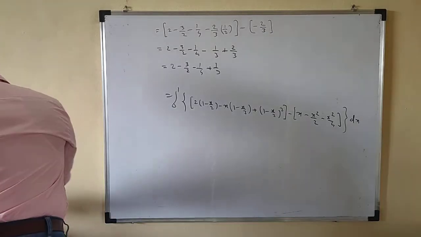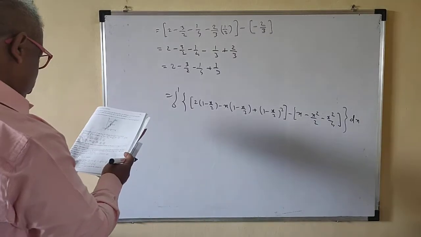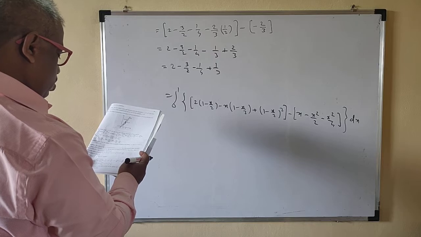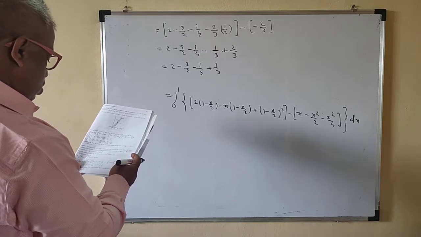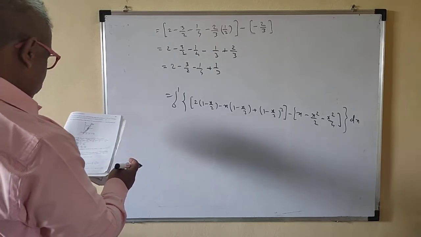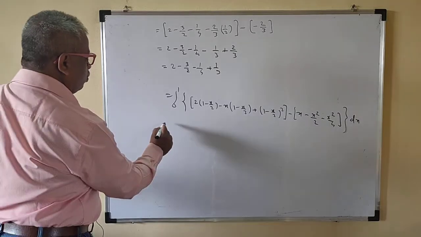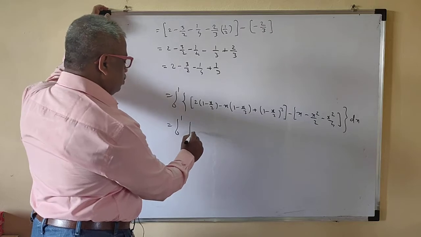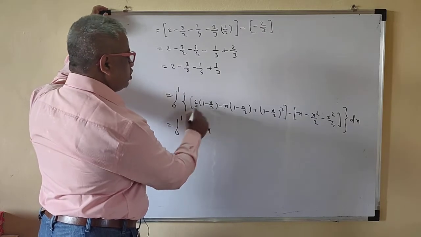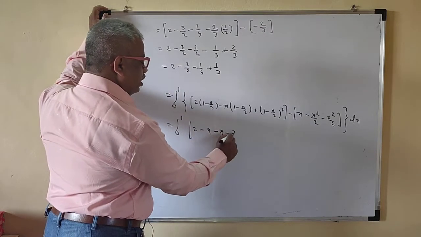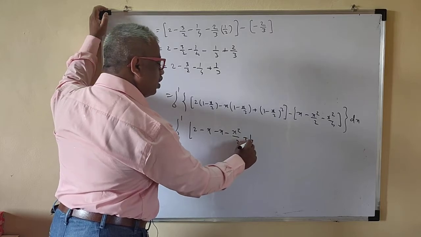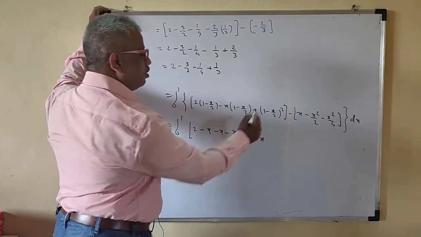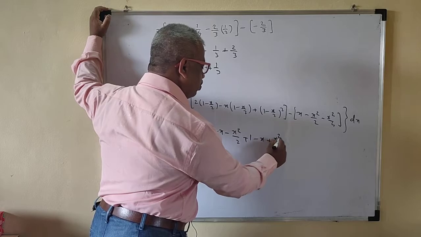So here what? Okay, so 0 to 1. We'll simplify this. 2 minus x, okay? Minus x square by 2 plus 1 minus x plus x square by 4.